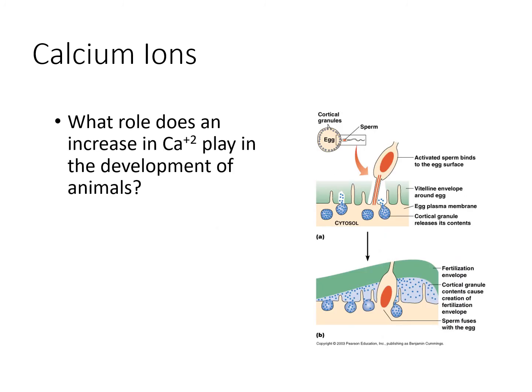Another example is the use of calcium ion in the development of animals, especially during the fertilization of ova by sperm.